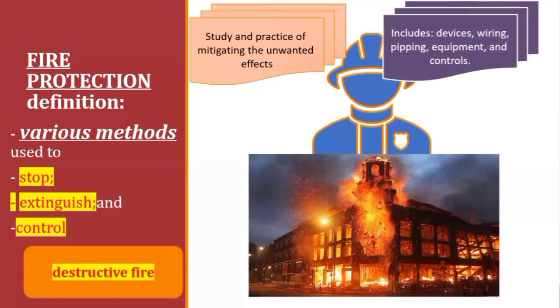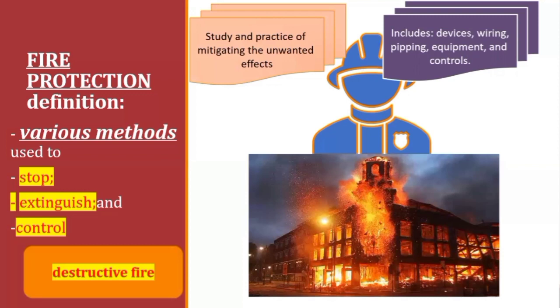So fire protection includes devices, wiring, piping equipment, and controls. We need to ensure that these following are able to be controlled so that they will not help to propagate or spread the fire.